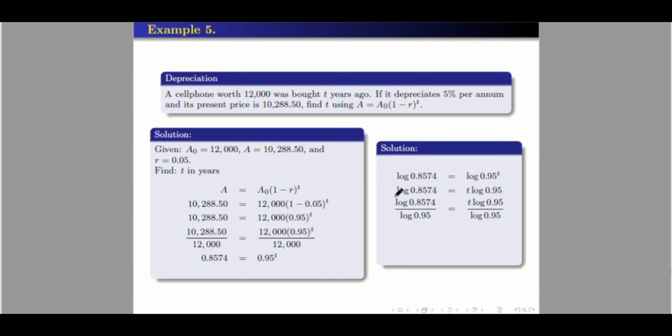Then you input this on your calculator. You will have approximately 3 years. So if you substitute this, this is 2.99999. So approximately 3 years. Therefore, the cell phone was bought 3 years ago.